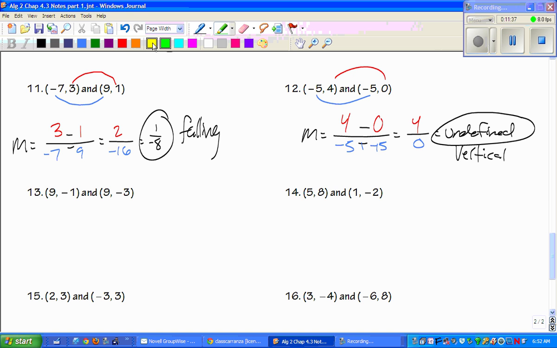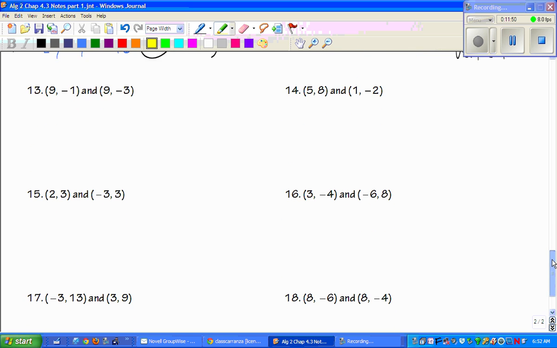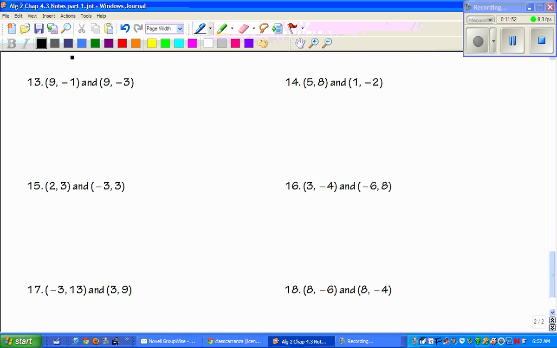Okay, who noticed that right away that we had 2 of the same x values? Anytime they're the same, remember what I said for number 10, it's going to be a special case. Okay? All right, let's do a couple more together.